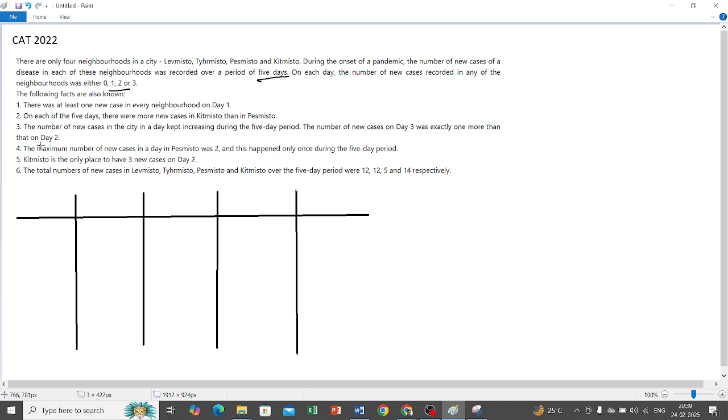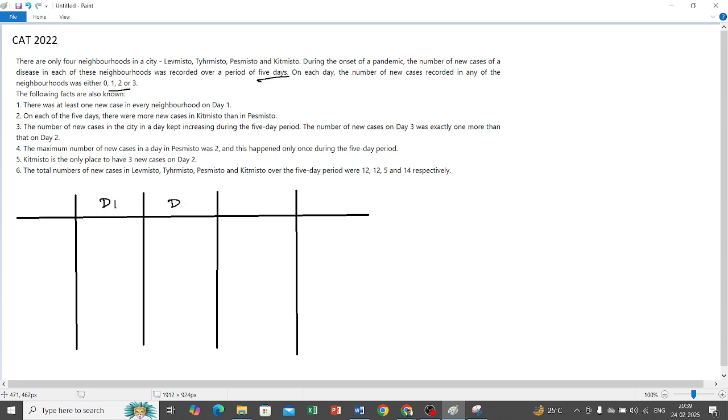So I'm going to use the cities in the rows and the days in the columns. You can do either way, not an issue. So how many days are there? 5 days are there, right?